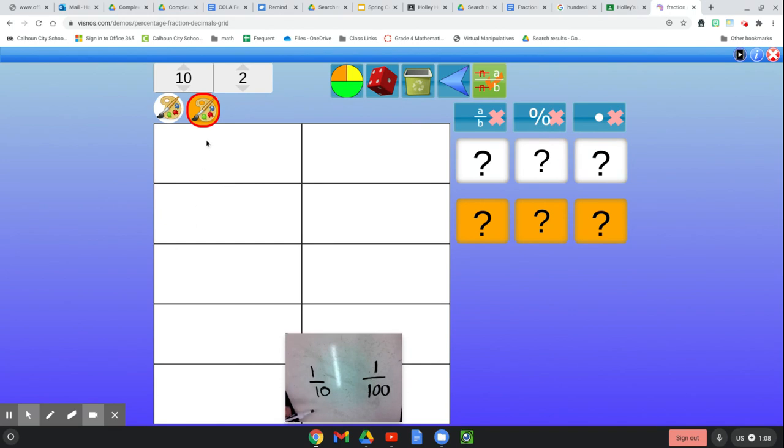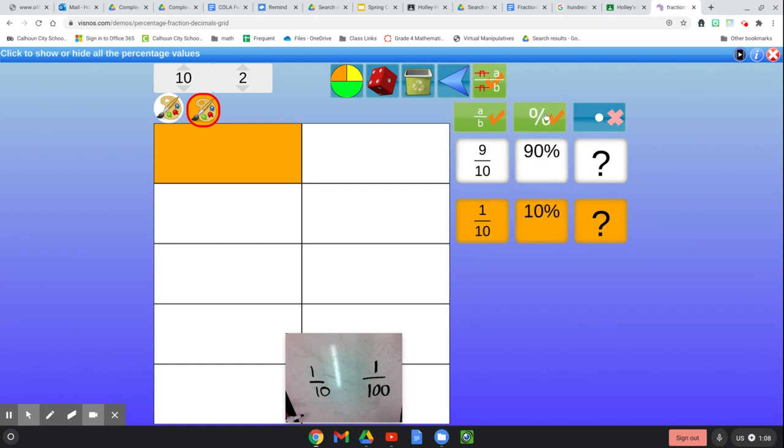If I were to make 1 out of 10, does everyone see this is 1 out of 10, 1/10? Then the fraction is 1/10. We're looking at the green or the orange. There's the percentage, 10% out of 100.